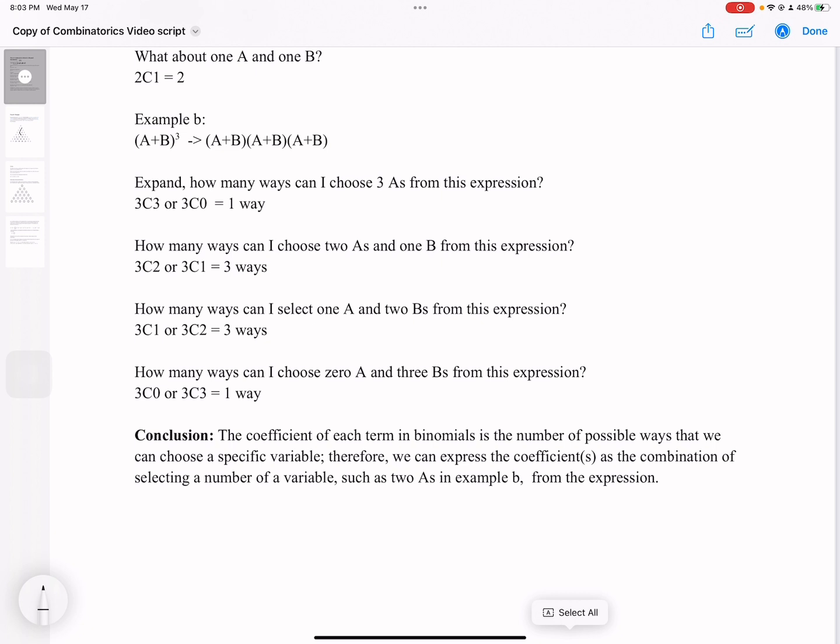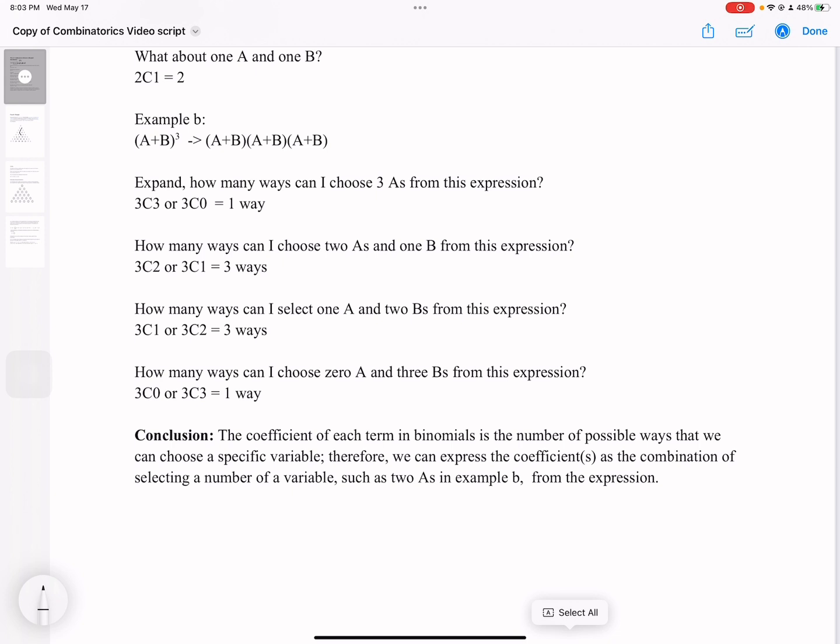And how many ways can I select 1 a and 2 b's? That is 3C1 or 3C2, which is three ways. And how many ways can I choose 0 a's and 3 b's? That is also 3C0 or 3C3, which is one way.